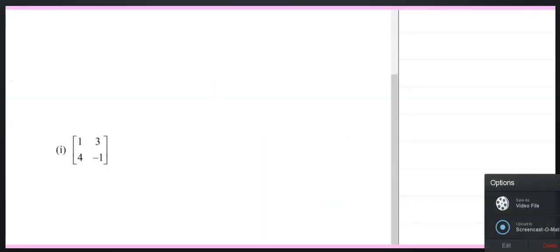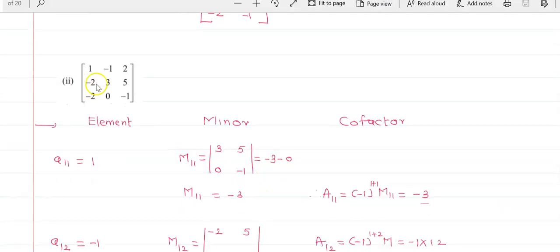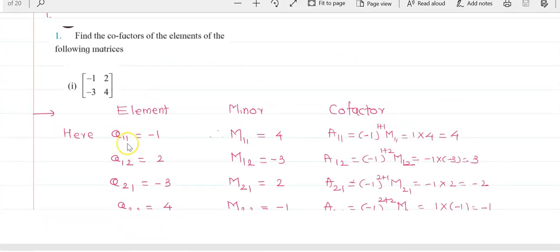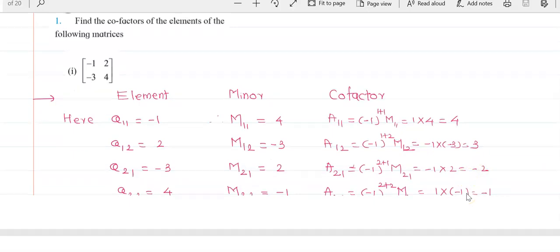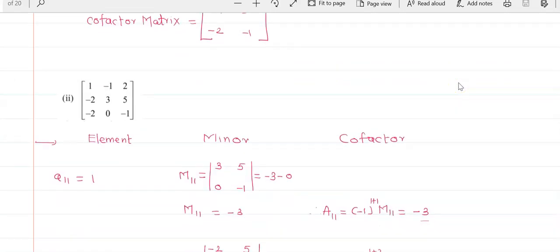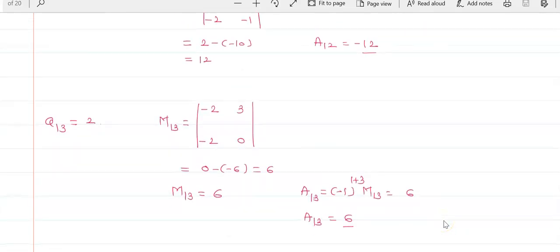Now see this again here. I will show you how to find it. You can write it down from the screen also. This was also the first problem. You can take the screenshot of this first. This is the second one. Now this is a big example, minor and cofactors. You can take the screenshot up to this 12. And this.